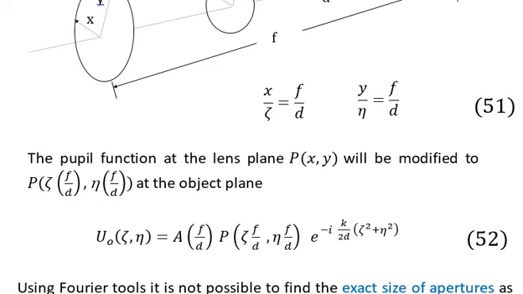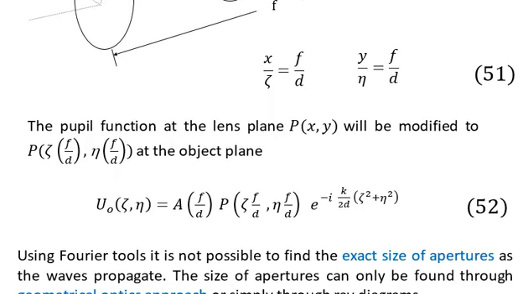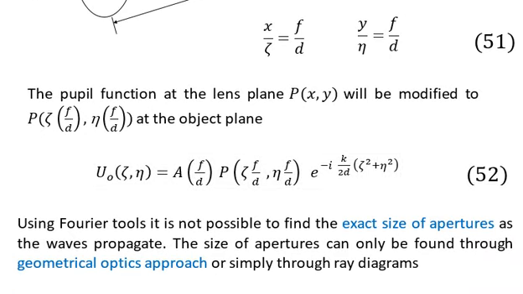This is the pupil function in equation number 52, where we have plugged in the values calculated using the above geometry. The total field just before the input object now becomes u of zeta and eta equal to A into f over d multiplied by the pupil function with the coordinates zeta into f over d comma eta into f over d, and then multiplied by e to the power minus i k over 2d multiplied by zeta square plus eta square. So this is equation number 52.